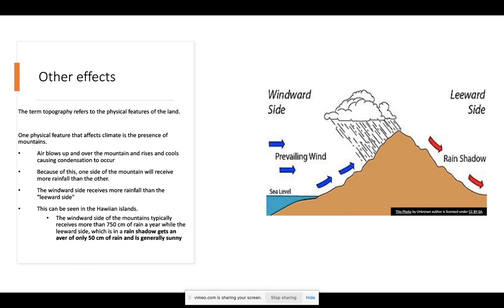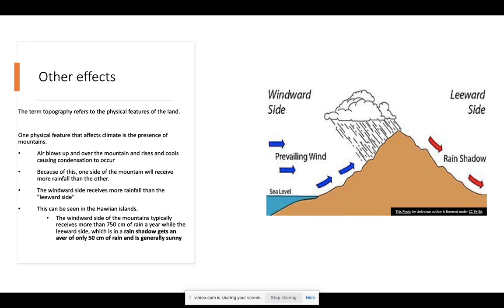The text says that this can occur within the Hawaiian Islands. Typically, the windward sides are going to receive more rainfall than the leeward side. So, just two terms to be familiar with. They are important for examination purposes, as well as knowing the rain shadow effect.